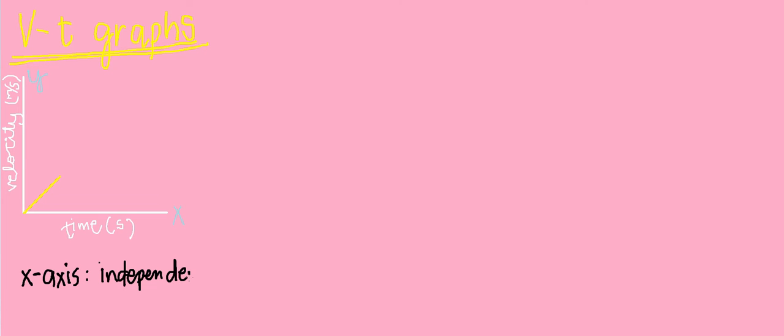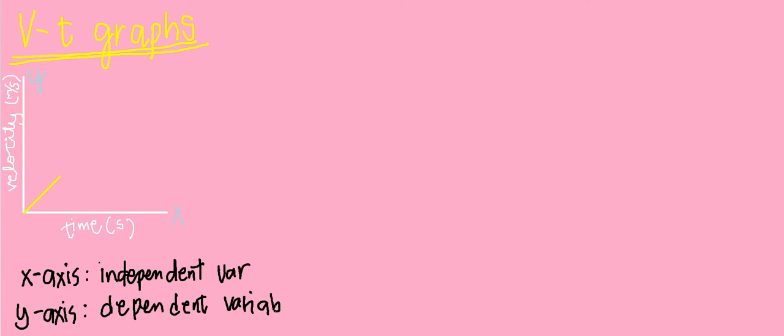While on the y-axis, we have the dependent variable. Regardless of the condition, time is always unaffected by what else is happening around us. That's why it is an independent variable. It is always on the x-axis, while the dependent variable is always on the y-axis.